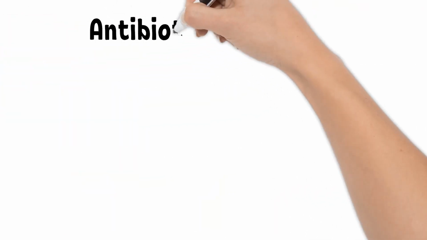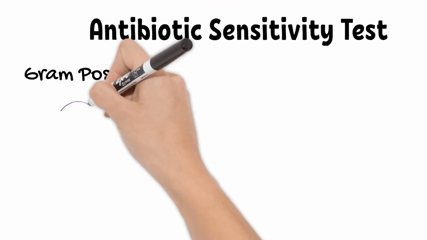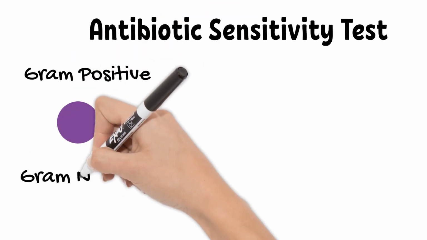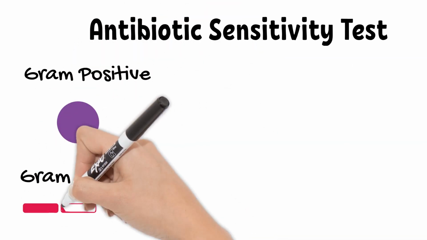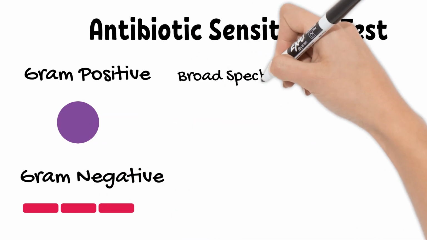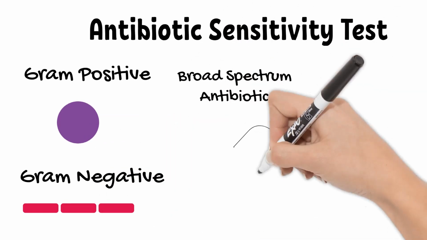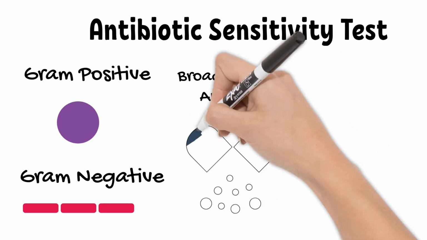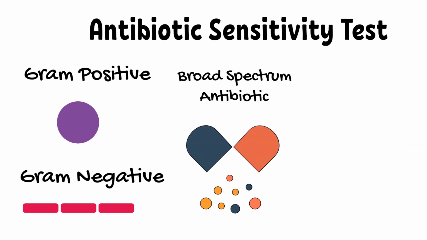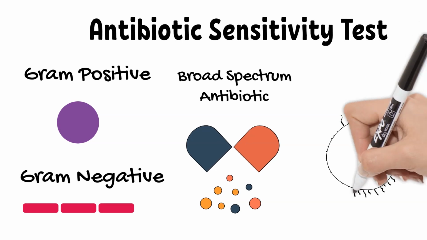A quick overview of why we need to perform antibiotic susceptibility tests. An infection can be caused by either gram-positive or gram-negative bacteria. Knowing which type of bacteria causes the infection will help determine the right antibiotic for each type of infection. We would not want to just give a broad-spectrum antibiotic randomly, because that would contribute to creating bacteria-resistant strains.